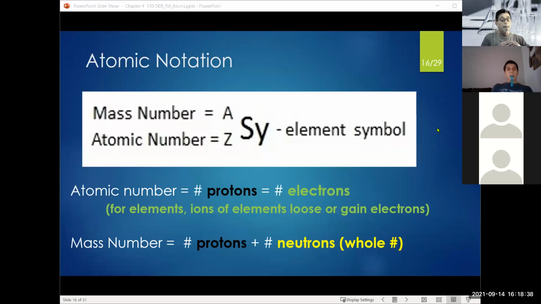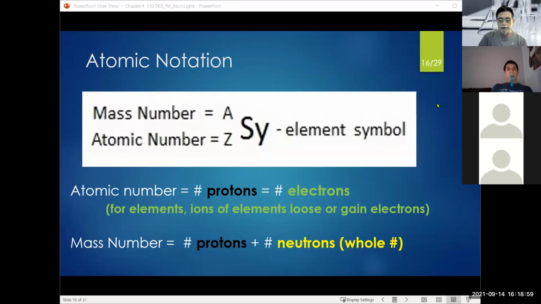You guys be careful, okay? It is written in the format shown up here, where SY represents the symbol. Superscript A on the left is the mass number.